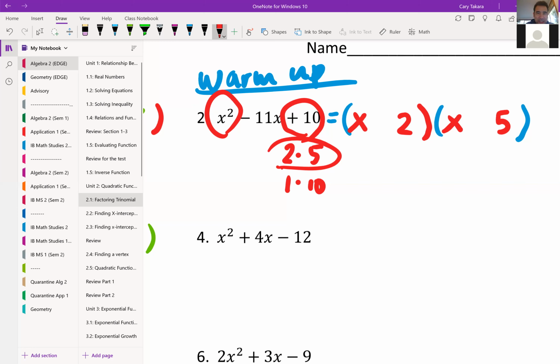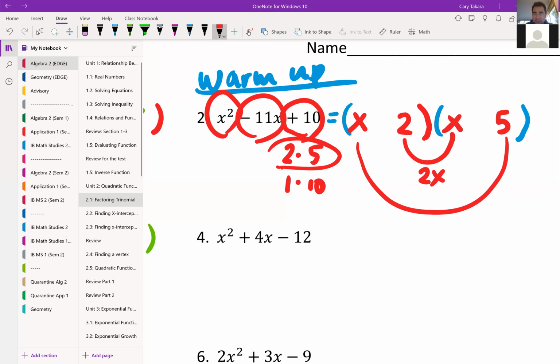Well, you're going to check with the middle term, negative 11x, by distributing the inside, which is 2x, and then the outside, which is 5x. And when you add those two terms, 2x and 5x, you should be able to get 11x or negative 11x. And it's impossible to get 11 out of 2x and 5x, isn't it, by adding them, okay? And so you know that 2x and 5x will not work, yeah?